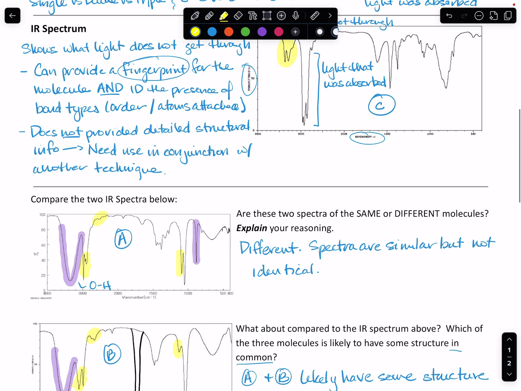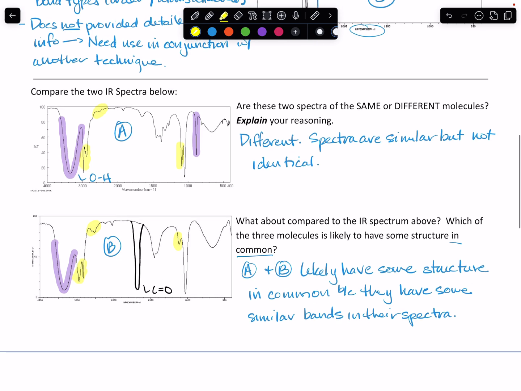So I would say C is a completely different molecule. It's probably not got a lot in common. Whereas A and B definitely have that OH group present for both. There's some similarities in the rest of their spectra. They don't look exactly the same, but there's definitely something like this piece is here.